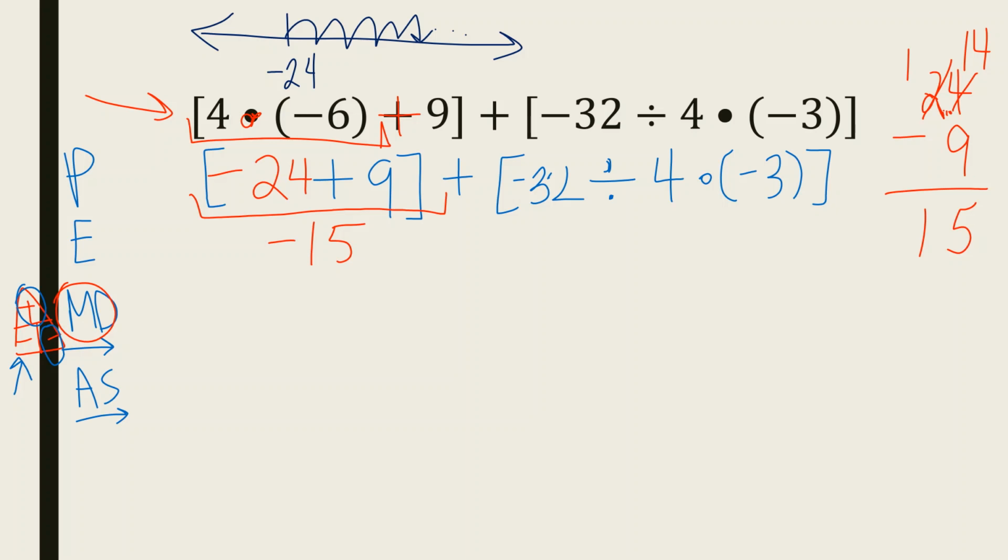And then bring everything down, plus negative 32 divided by 4 times negative 3.